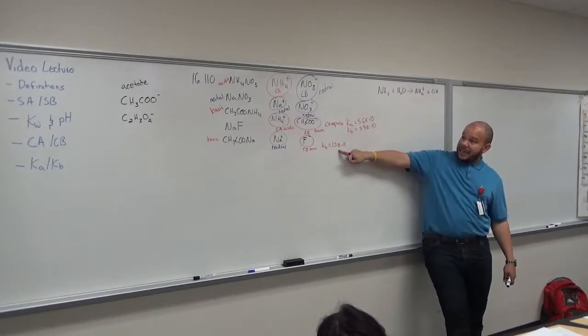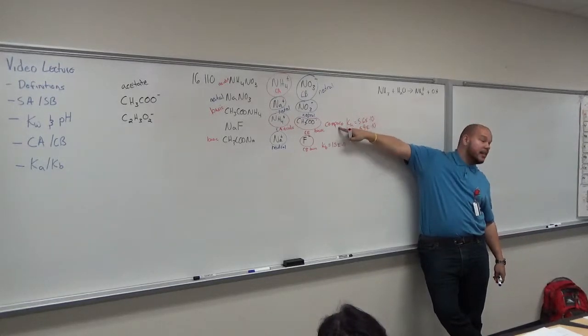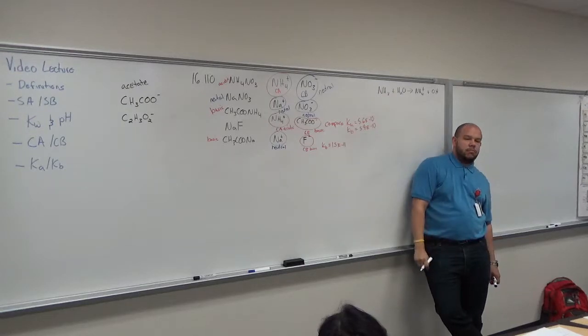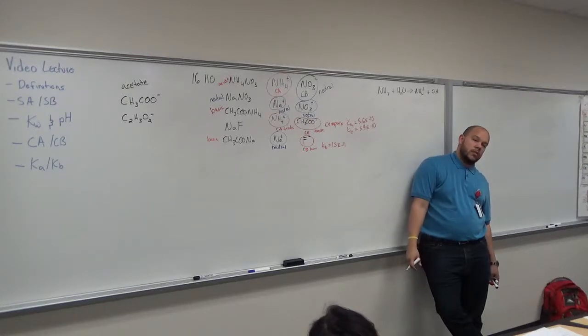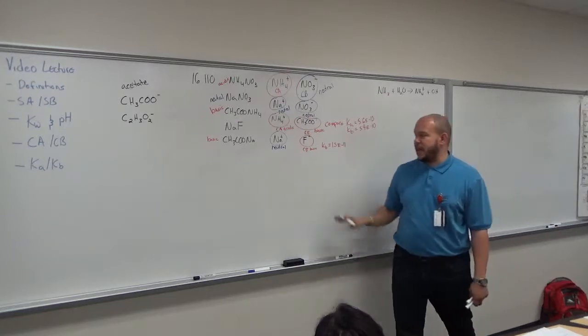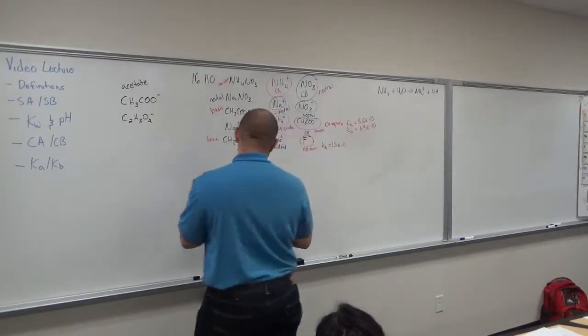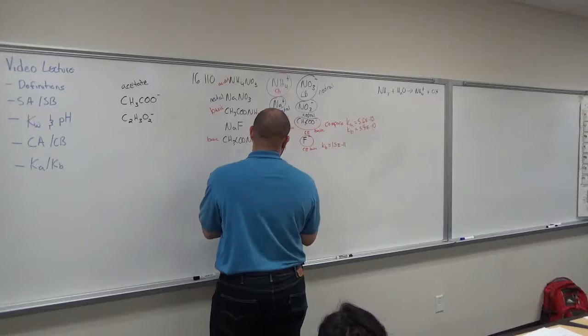Now, is it more or less basic than acetate? Comparing numbers, it's less, right. This is less basic than acetate. And then we go to our last one. So then we can rank them.